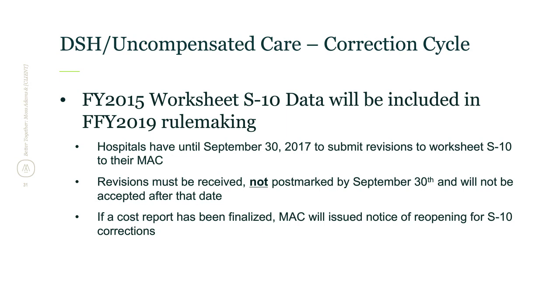We also want to make note that it's important that all revisions are received by September 30th and not postmarked. Actually, September 30th, I believe, is on the weekend, so you want to get them there by the close of business on the 29th.